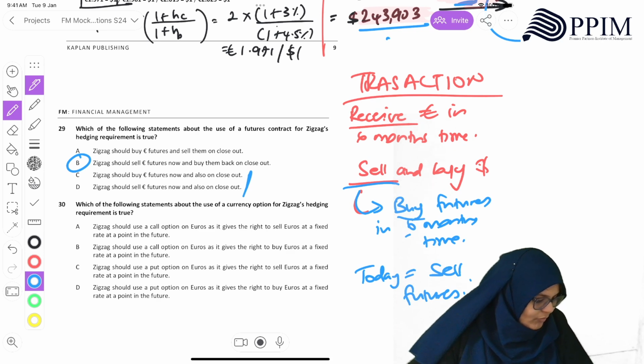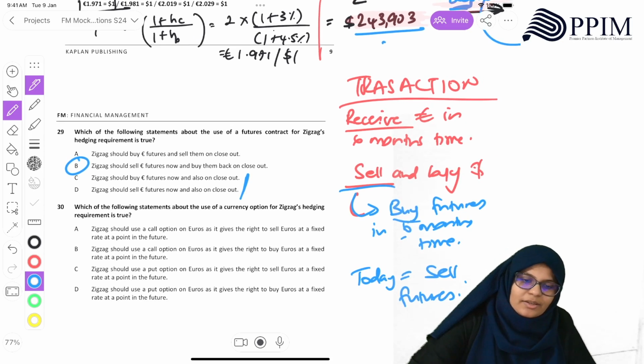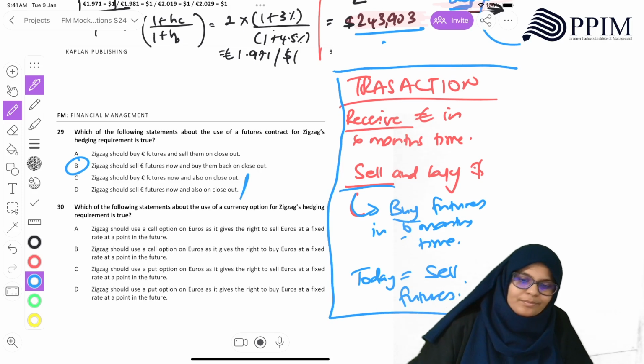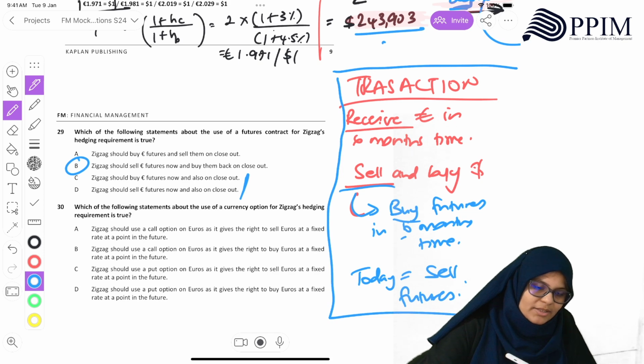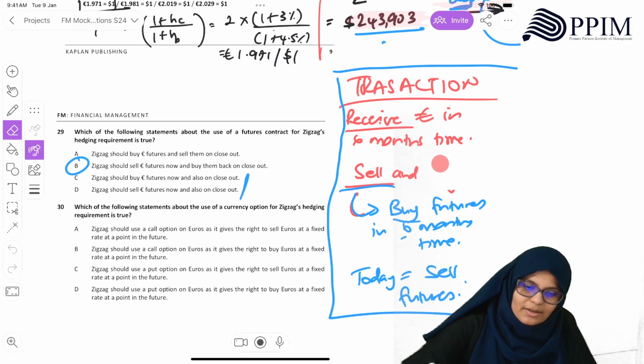Take it down, guys, because that's the explanation. You might get confused if you don't take this explanation down. I'll just make one small change here. I'll just say sell euros.